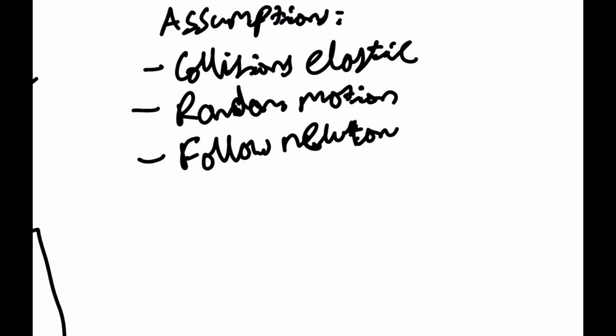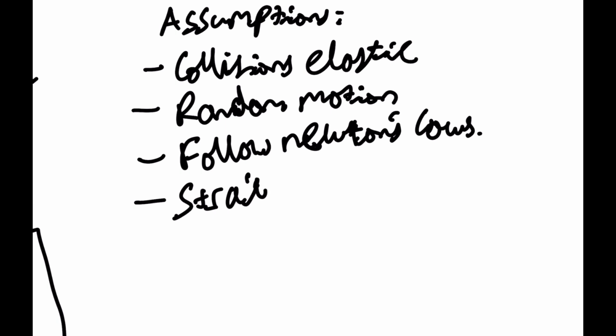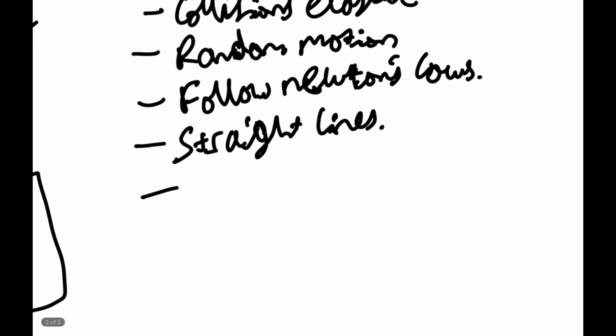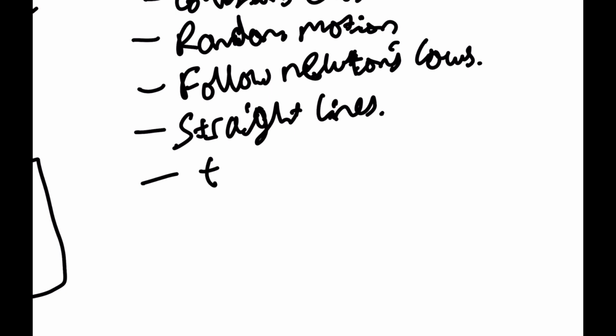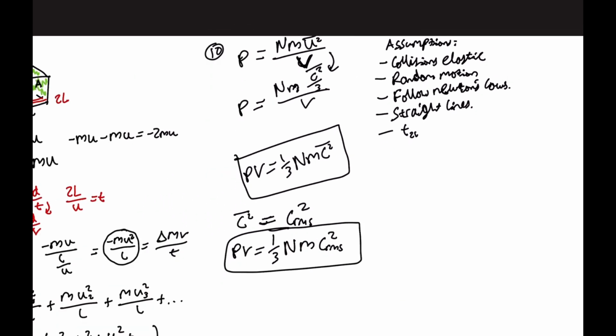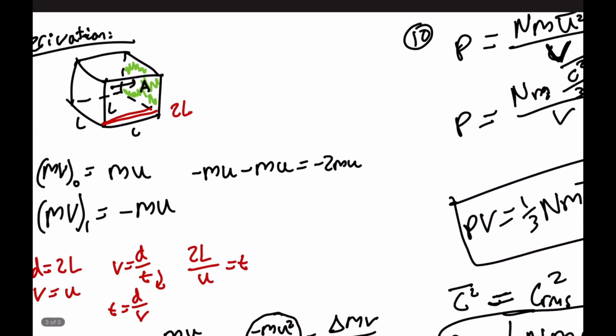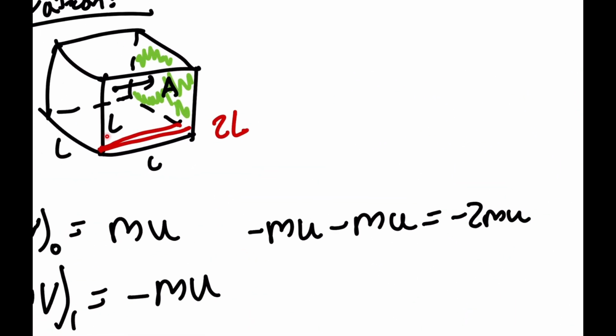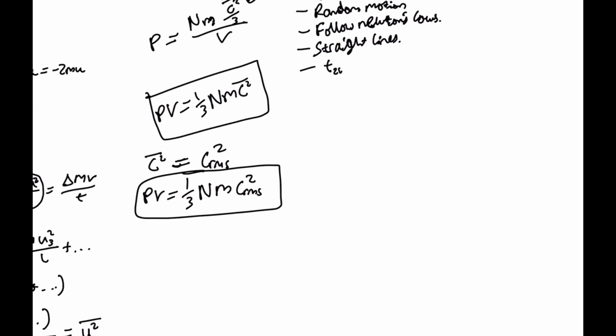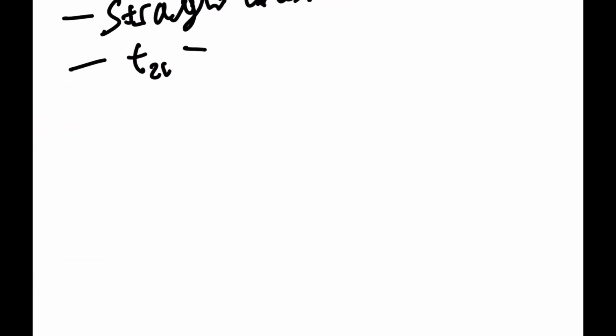Newton's laws. And that the particles move in straight lines. And that the time between each collision, so the time to travel to L, between each collision, this collision here and then back, is much greater than the time of the collisions themselves.